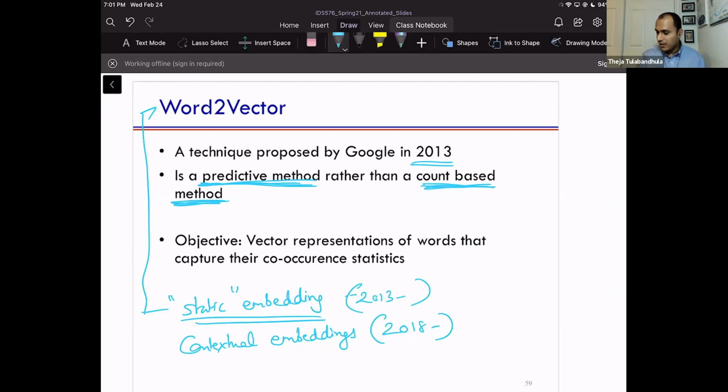In contrast, contextual embeddings involve an extra neural network. In contextual embeddings, you don't get vector representations for words explicitly. What you get is a neural network, and every time you want an embedding, you run that neural network and get an embedding for the word you care about.